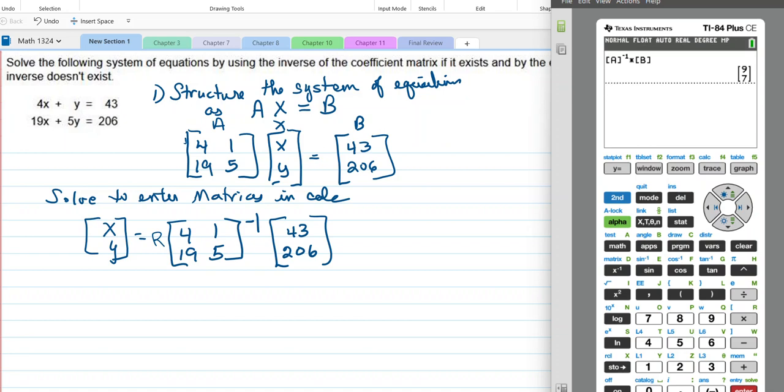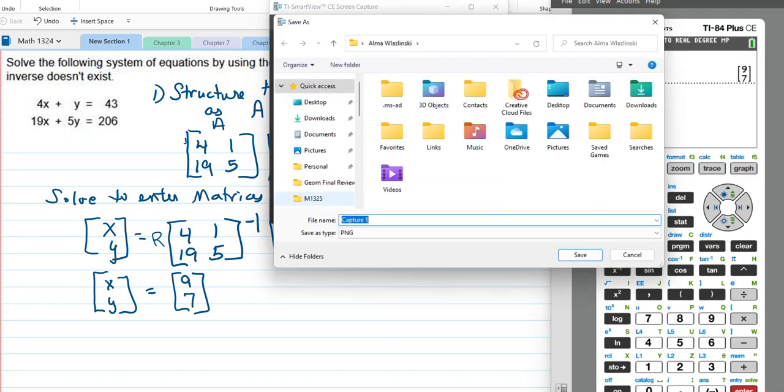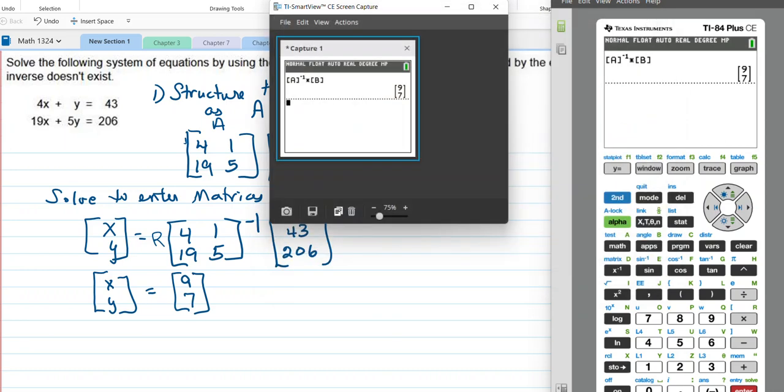Let's first write our solution statement. Oh, 9, 7. Oh, sorry. Here we go. So we're going to show that screen. No, wait. No, sorry about that. Hit the wrong one.